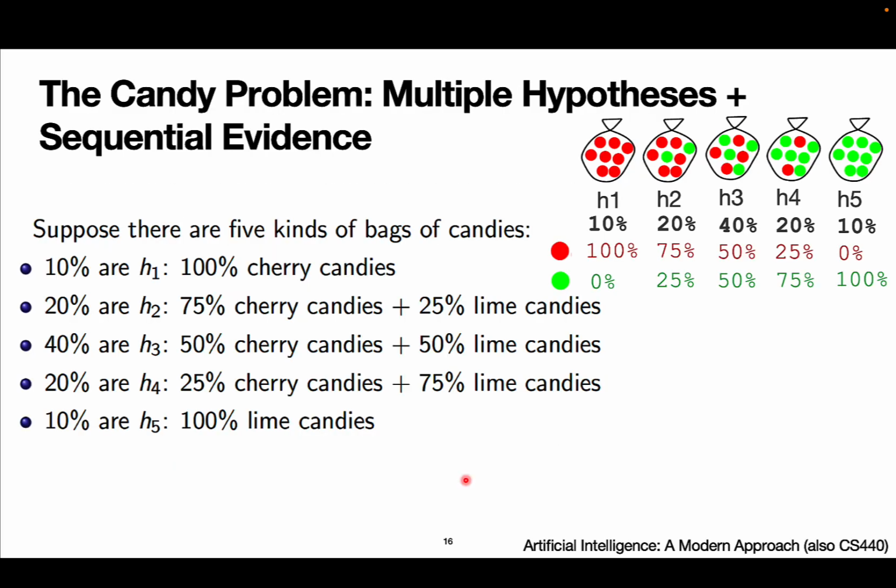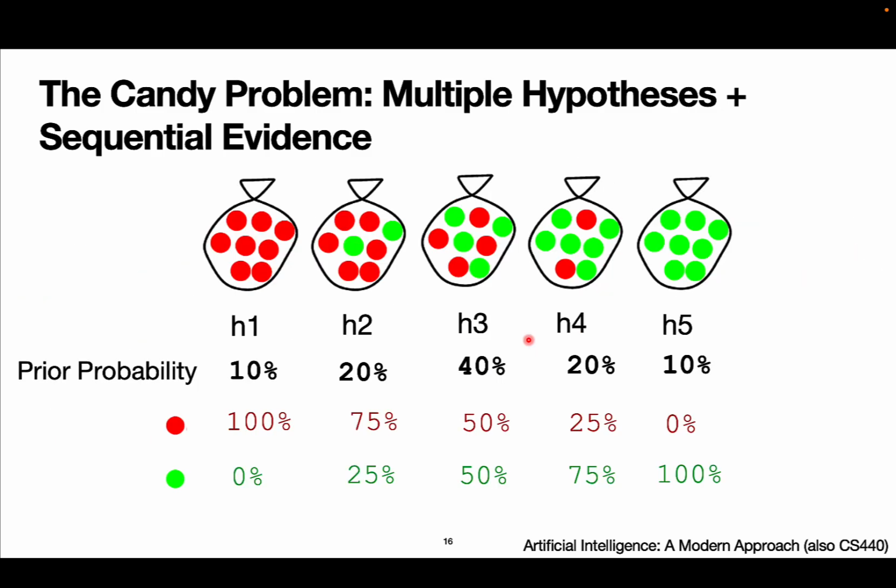In this example, we discuss both multiple hypotheses and sequential evidence. The story goes as follows. Suppose a company produces 5 types of candy bags. Each bag contains different proportions of cherry and lime candies. But the catch is these bags are unmarked, so we can't tell which type it is.